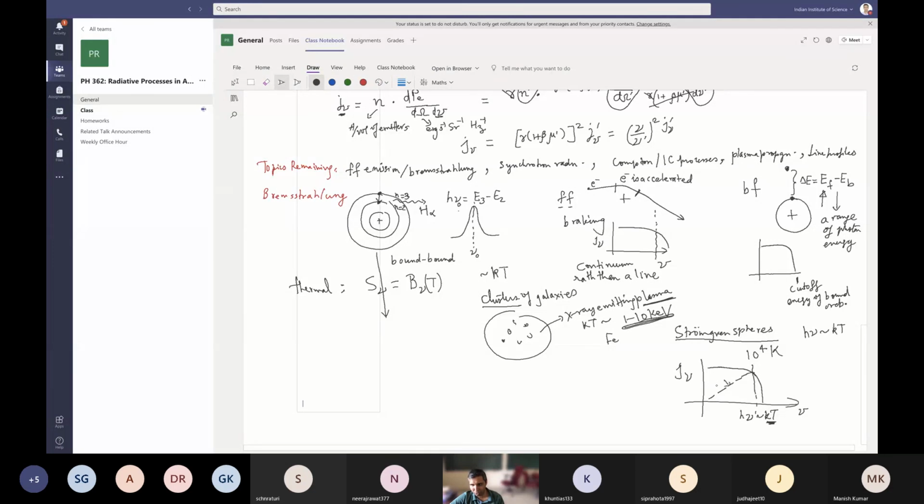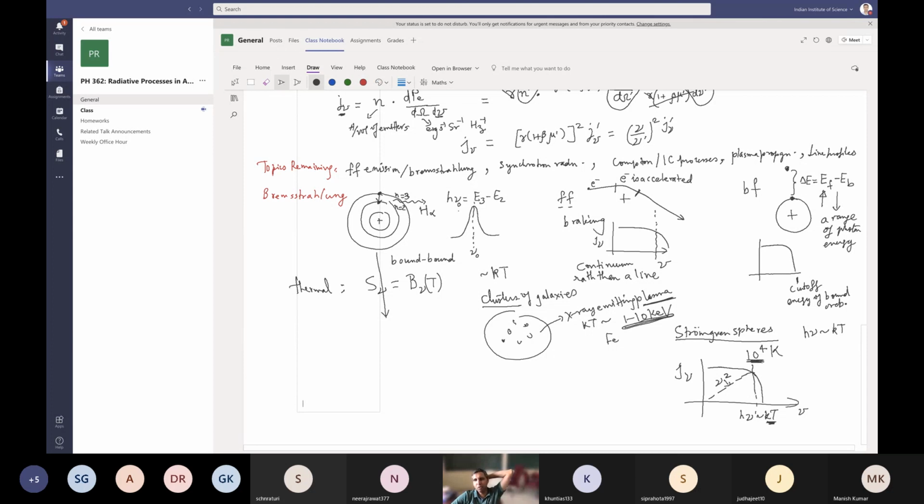Black body goes like nu squared, and then there is an exponential cutoff. But thermal radiation need not be black body. Only when it becomes optically thick is it black body. So these Stromgren spheres will not emit any X-rays because the plasma temperature is lower.